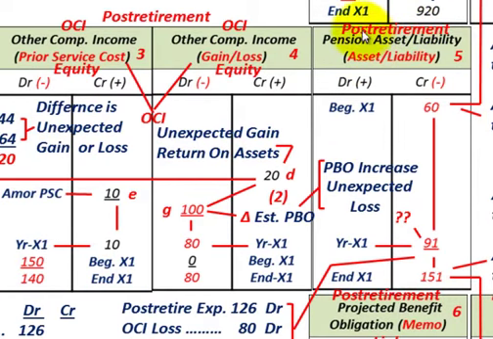So when you're dealing with post-retirement, you can just follow along the same as you would for pension accounting to determine your expenses and then any other comprehensive income for prior service costs or gains and losses. You do the same for post-retirement as you would for pension accounting.